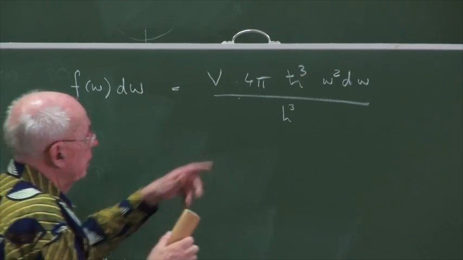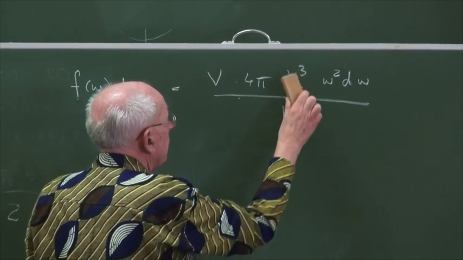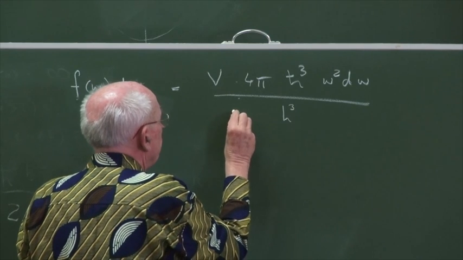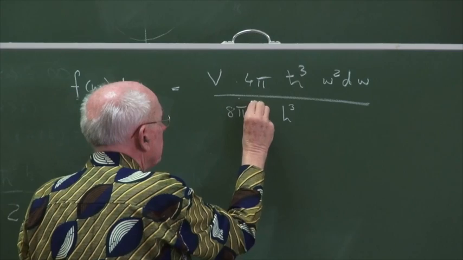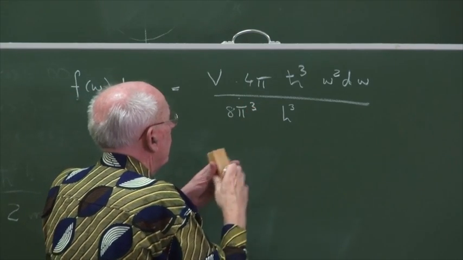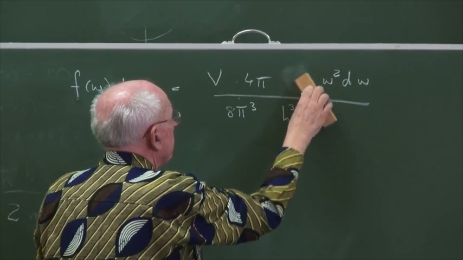So I can change that h bar to this h if I divide by 8 pi cubed, and then this becomes normal h.